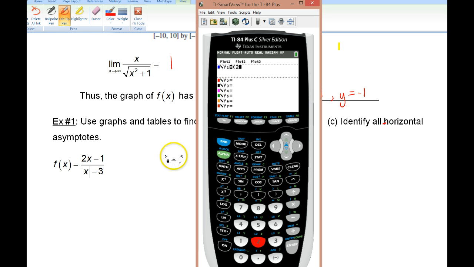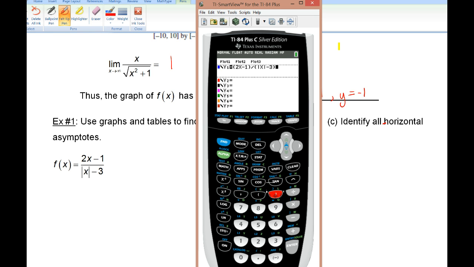We have 2x minus 1 divided by the absolute value. We know how to get that: go to math, over to number, first one, absolute value. And we want minus 3. Just make sure you put parentheses around the numerator and denominator, unless you put it in as a fraction.